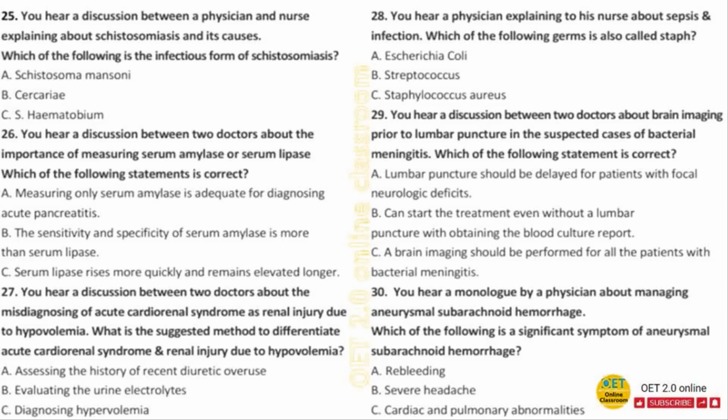Misdiagnosis of acute cardiorenal syndrome as hypovolemia-induced acute kidney injury will be catastrophic. If the volume depletion in acute cardiorenal syndrome is erroneously judged to be the cause of acute renal injury, fluid administration can further worsen both renal and cardiac function.